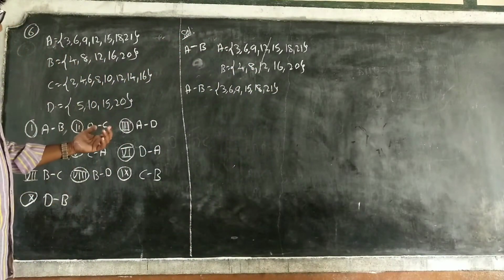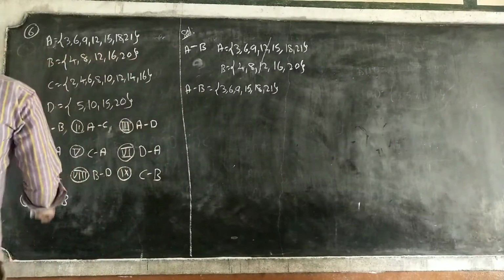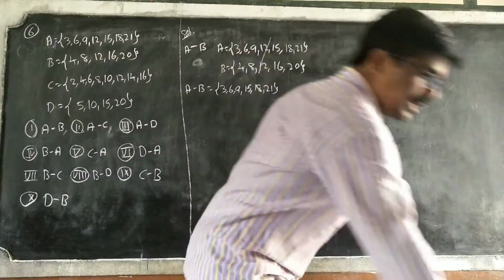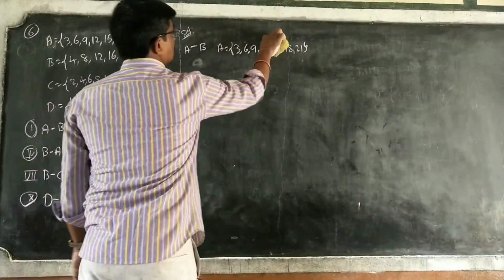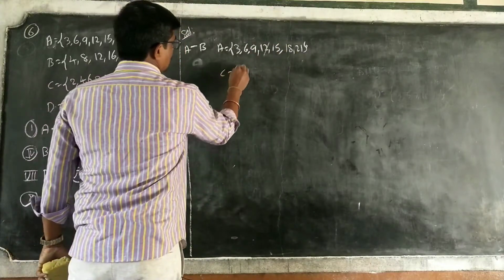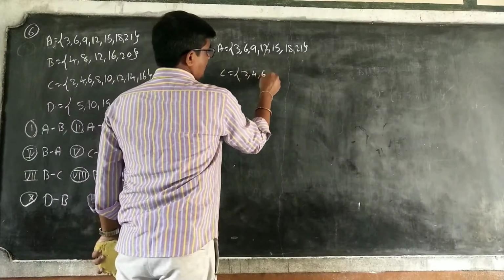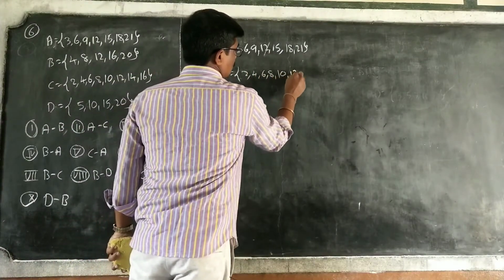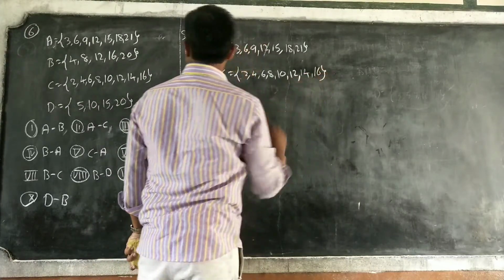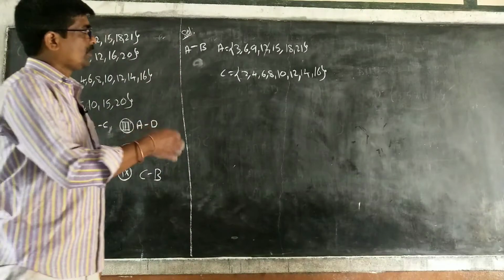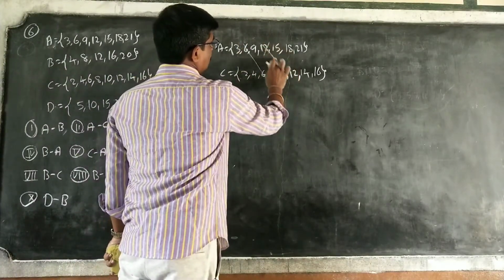Next, we have to find A minus C. A minus B is over. Next, A minus C. So, what is C here? C is equal to 2, 4, 6, 8, 10, 12, 14 and 16. So, in this which is common? I have to remove. So, 6 is the common, 12 is the common.